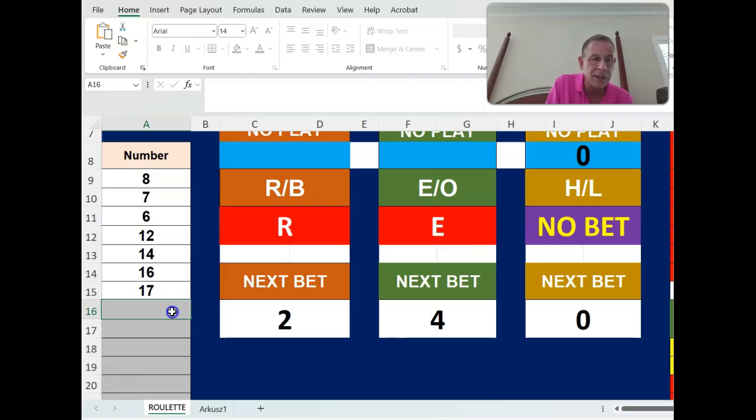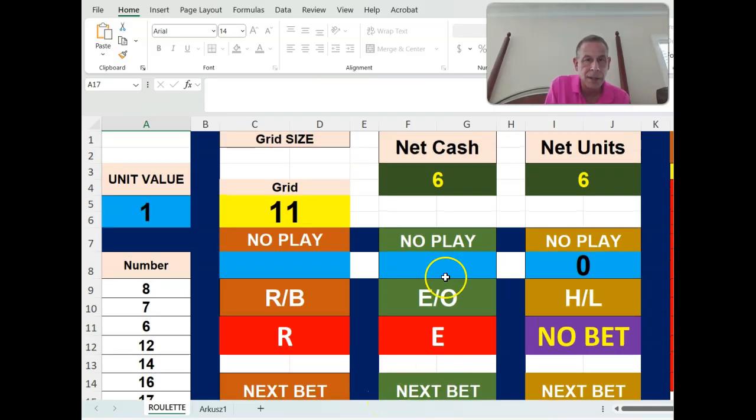Red and even, right? And the next number is a 34. And I believe that's a red and an even, right? Now we're up 6 units. You can quit here if you want. However, the fortune formula has a built-in matrix. That's what we're doing.